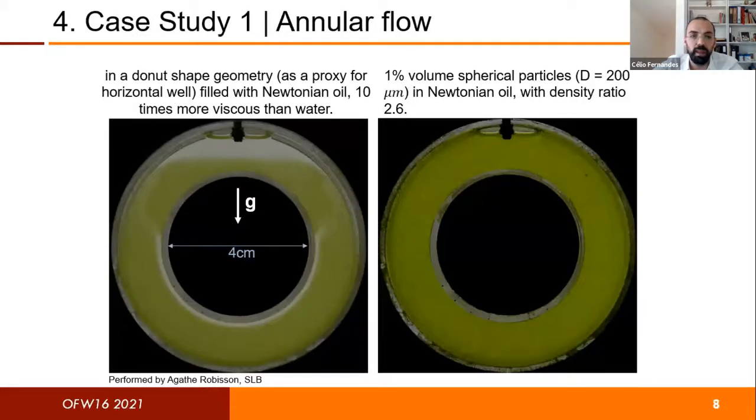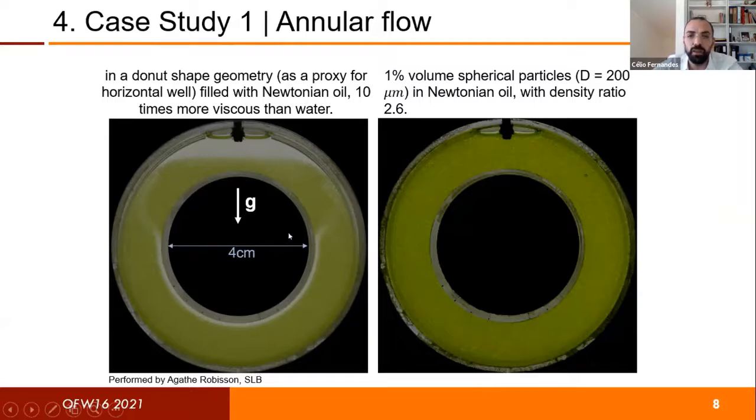This solver was then validated in two different case studies. Case study one is the annular flow. And here we first considered a Newtonian fluid, and we compared our solver, the Eulerian-Lagrangian Newtonian solver, with experiments performed by Agatha Robinson at the Schlumberger company in MIT.